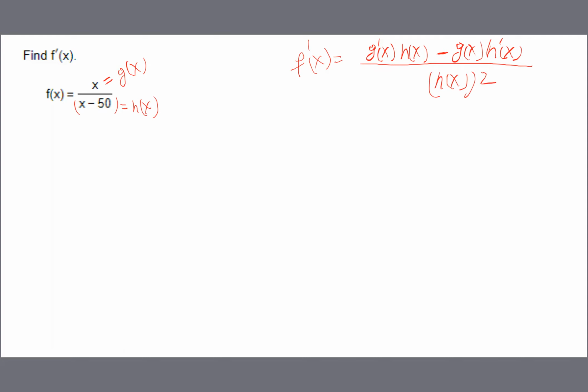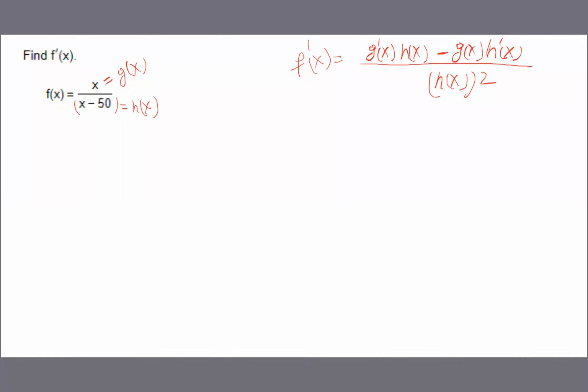So one way to remember this is that we start with a squared denominator, and the numerator is similar to the product rule, but the difference is that we have a minus instead of plus.